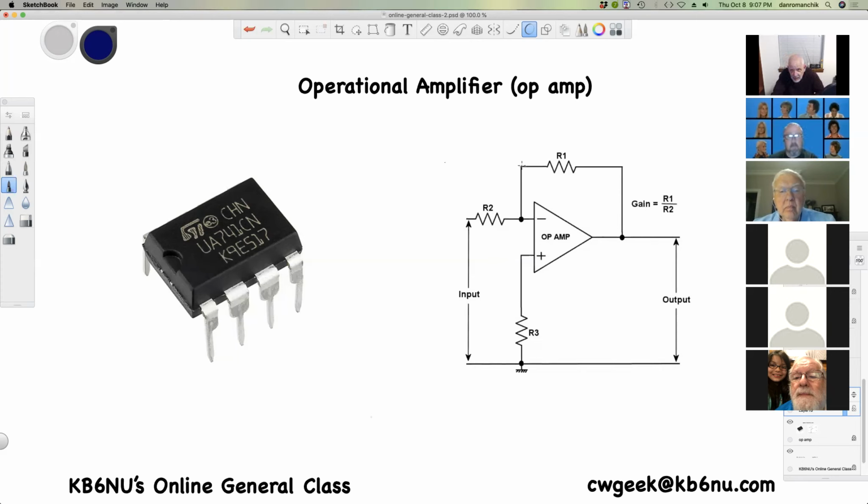Well, if you put some components in here, you actually get a bandpass filter instead of just a regular amplifier. And so here the gain is R1 over R2.